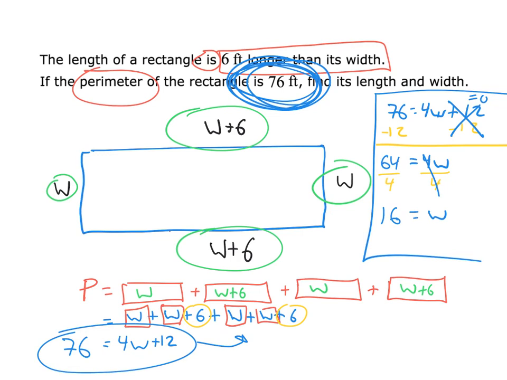Well, my width is 16. What's my length? Well, that's got to be 6 more than that. 16 plus 6 is 22. So my width is 16 and my length is 22.